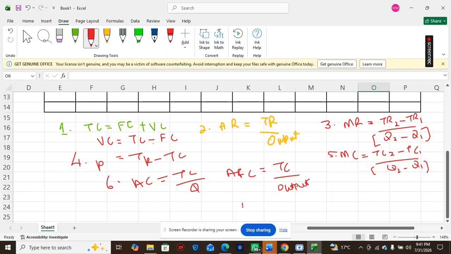Average variable cost is your variable cost over output. So these formulae which have got average, it's just the total over the output.